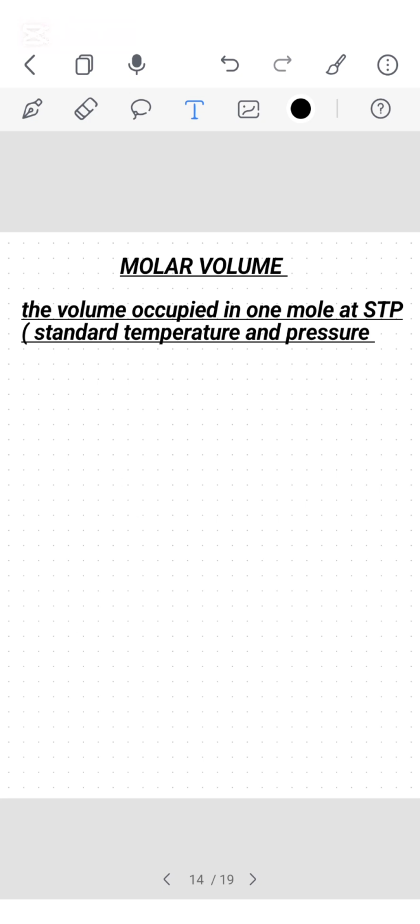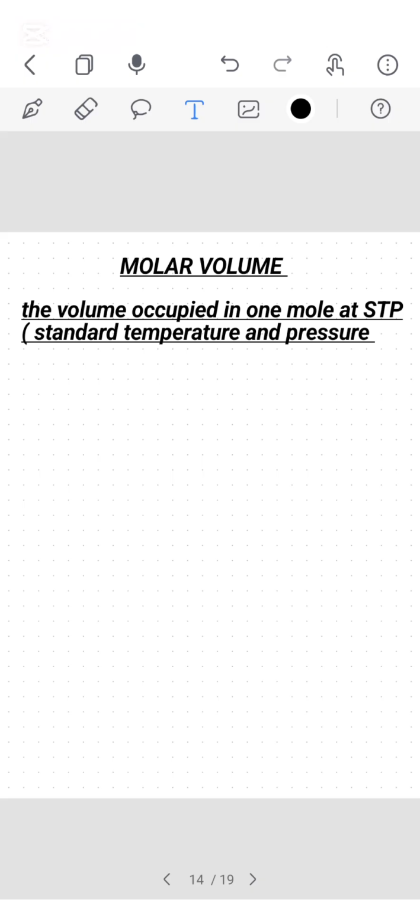So we have a constant value of molar volume. We will be discussing it in STP. First of all, let's understand what this definition is saying.